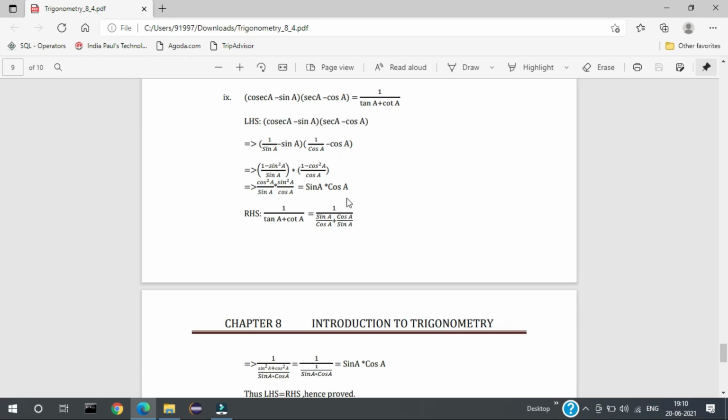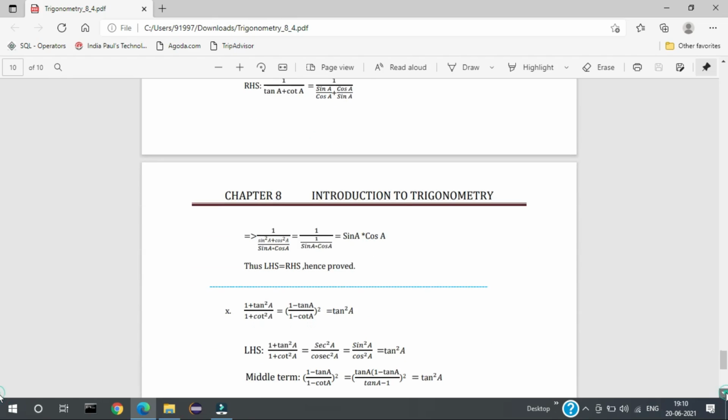Coming to RHS, 1 by (tan A plus cot A) equals 1 by (sin A by cos A plus cos A by sin A). So 1 by (sin square A plus cos square A) by (sin A into cos A).